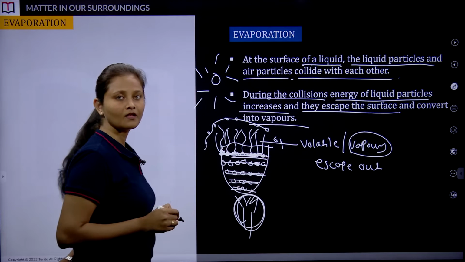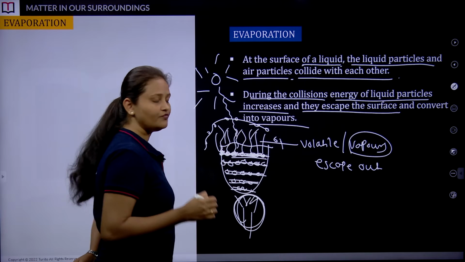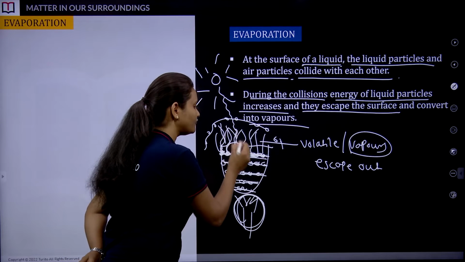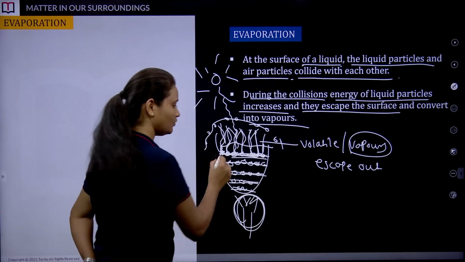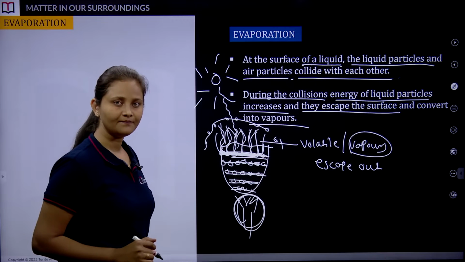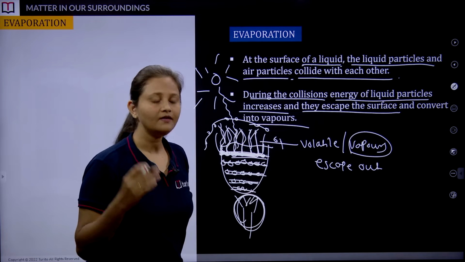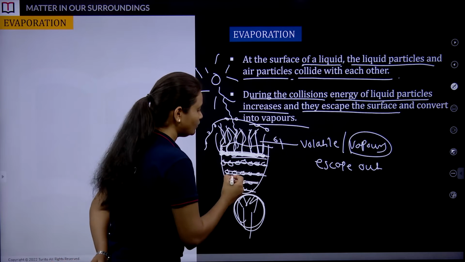So definitely because of the interaction of air molecules with the water molecules, they are going to vanish from the first or surface layer. After some time we don't see this layer, there won't be the presence of this layer. Definitely all the water molecules from the surface of this layer have vanished.